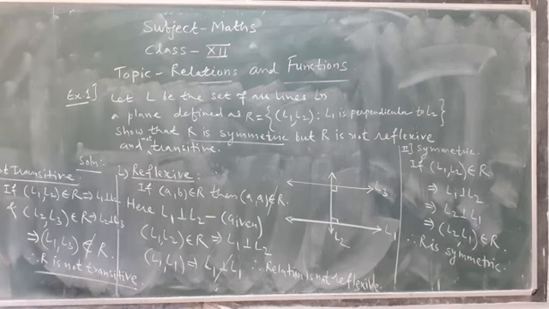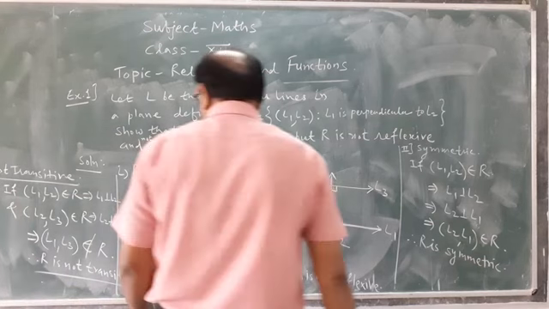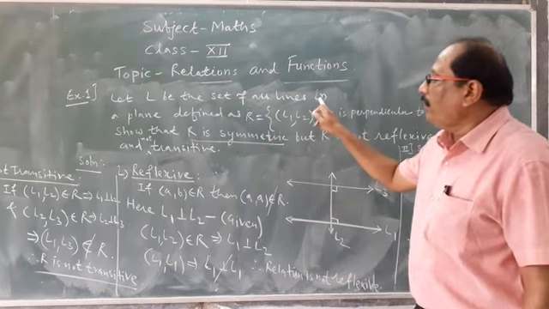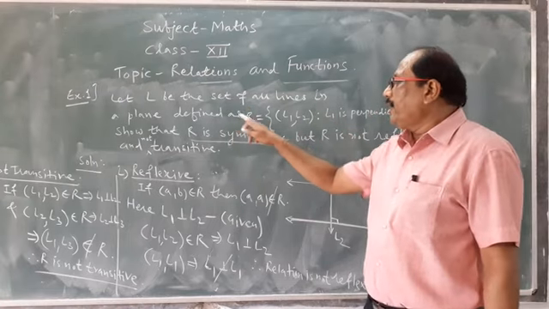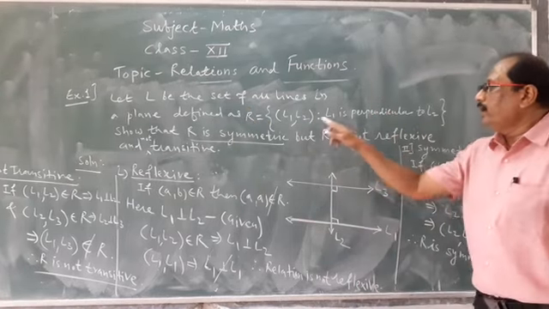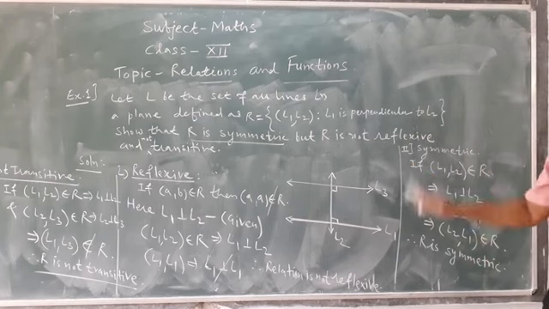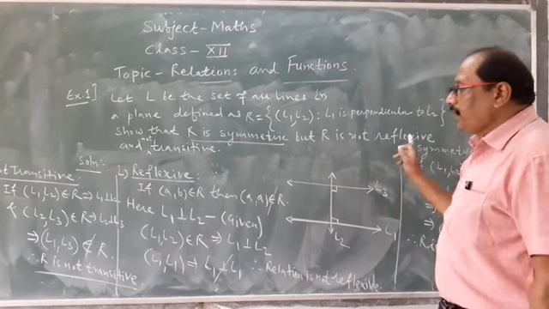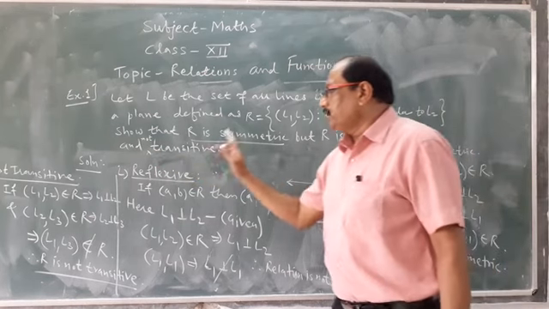You see once again. What is L? L is the set of all lines in a plane, and R is defined as (L1, L2) where L1 is perpendicular to L2. R is symmetric, not reflexive, and not transitive.